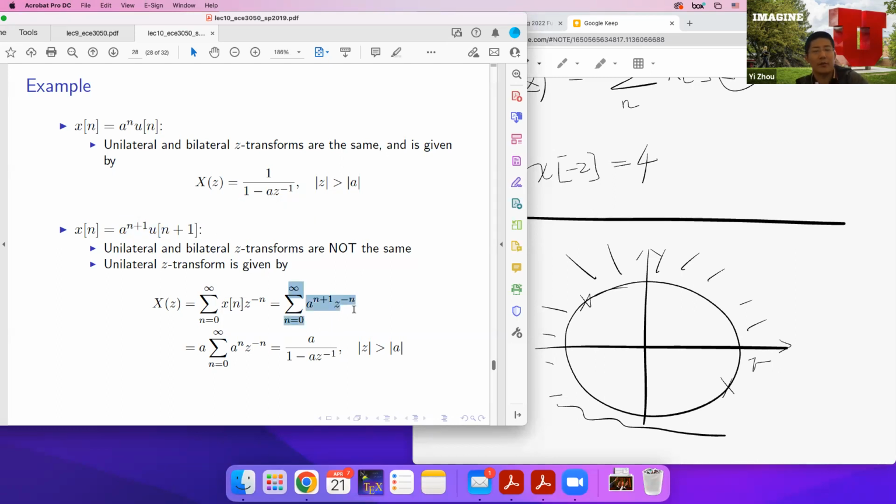And after that, this reduces to a standard summation of an infinite series. So you work out this infinite summation and you can find the corresponding unilateral Z transform and the corresponding ROC. So this part is to just apply the infinite summation series formula.